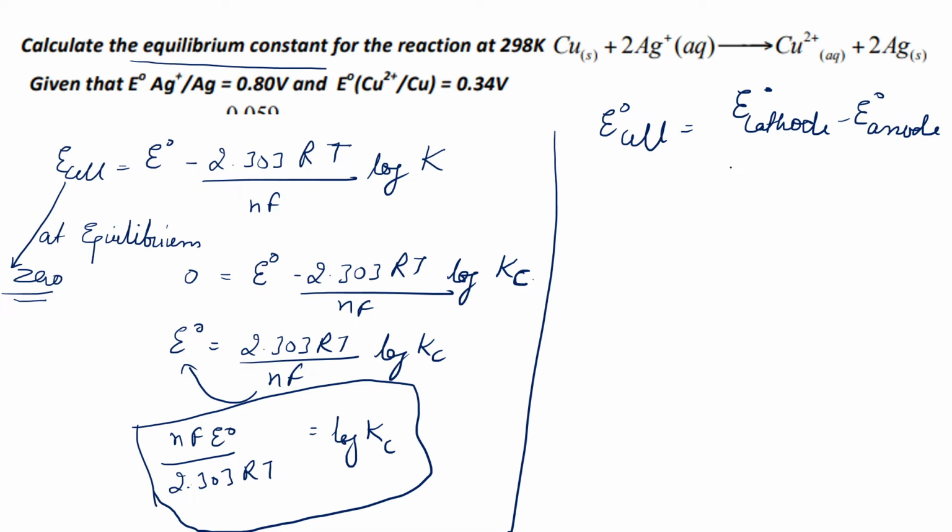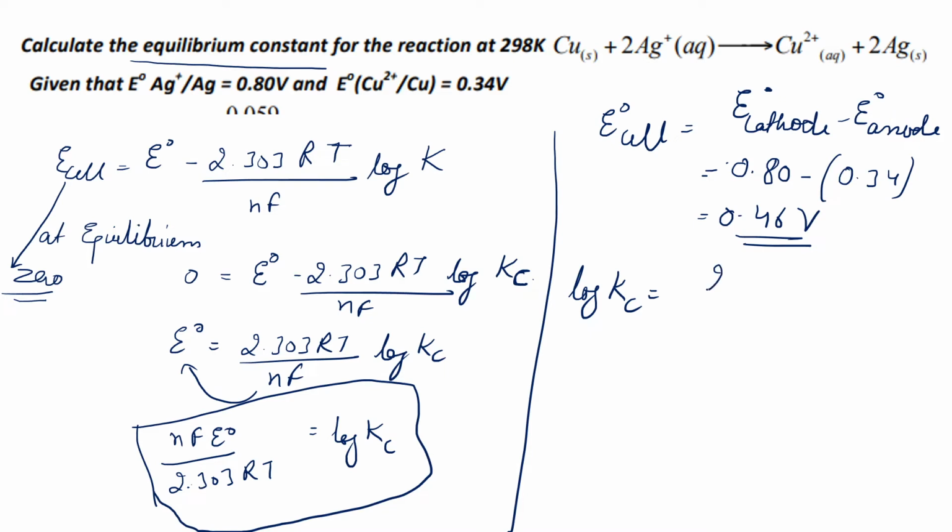The higher the potential, the more is the tendency to get reduced. So the silver ions will get reduced. So 0.80 minus 0.34 gives E naught cell as 0.46 volts.